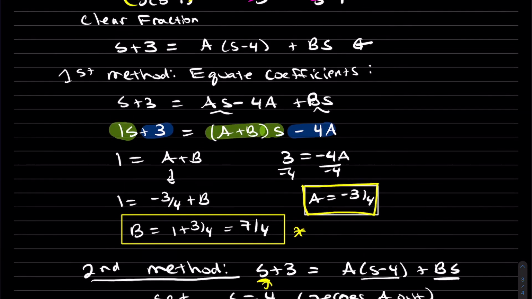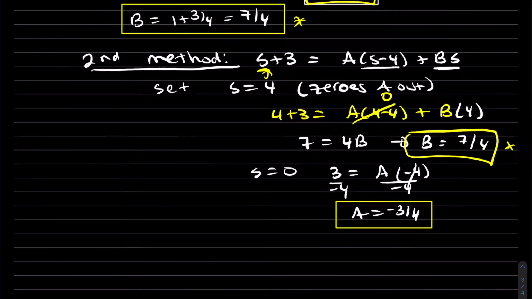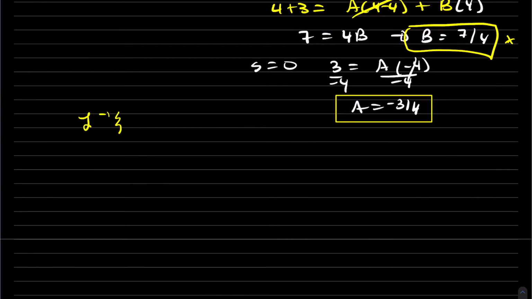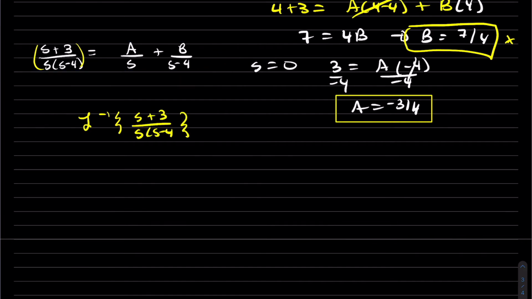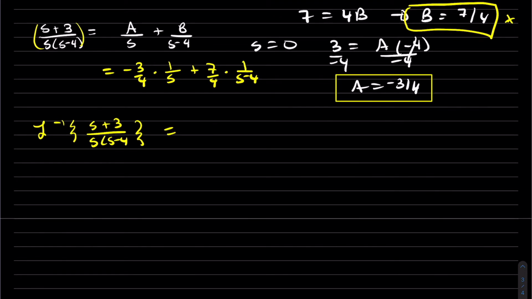So that's what we want. So we wanted the Laplace inverse. So this becomes a is minus 3/4 times 1 over s, b is 7/4 times 1 over s minus 4. That's what this becomes inside.